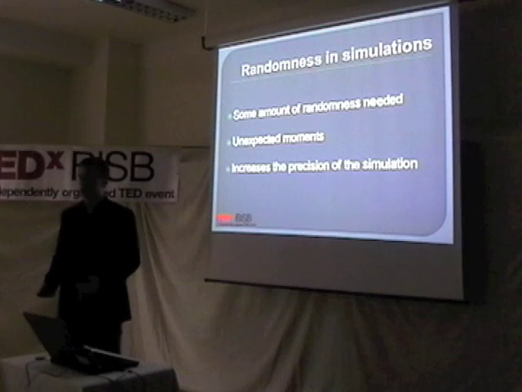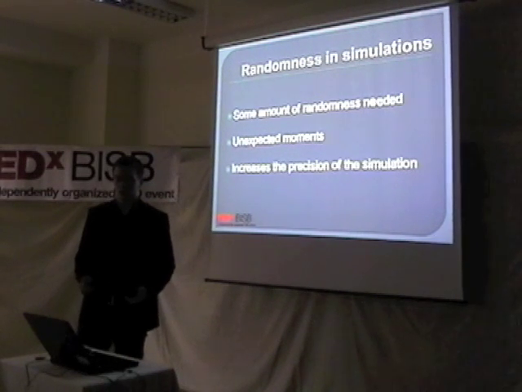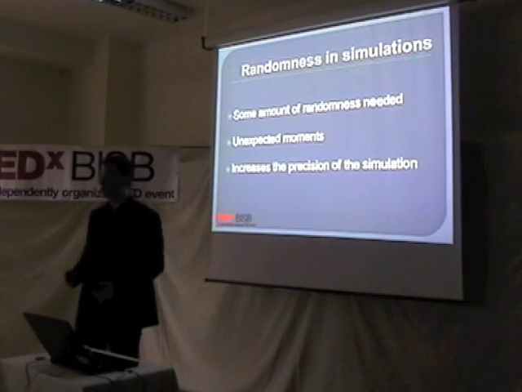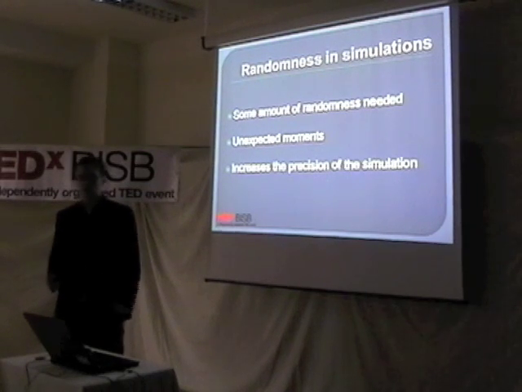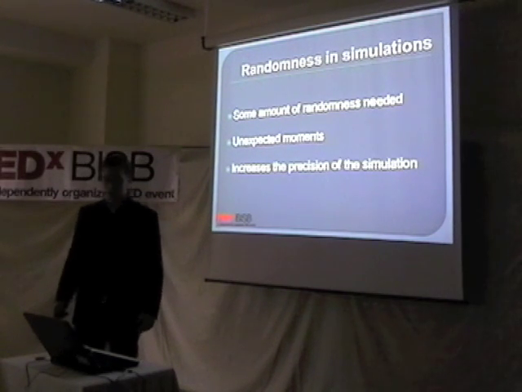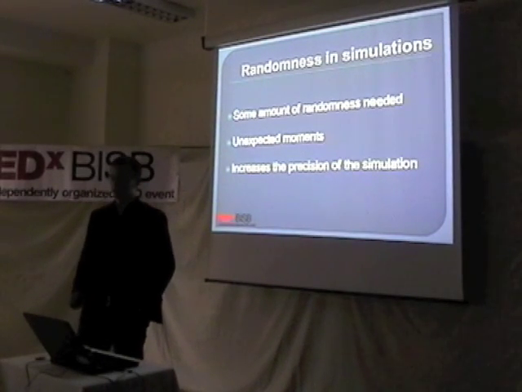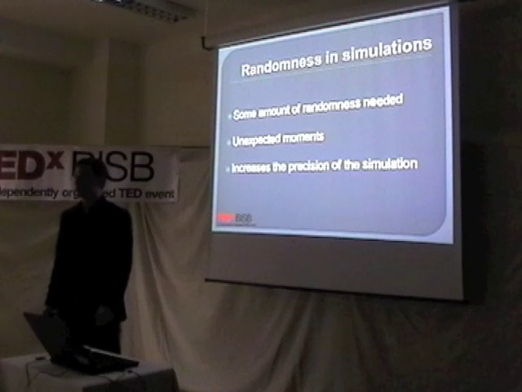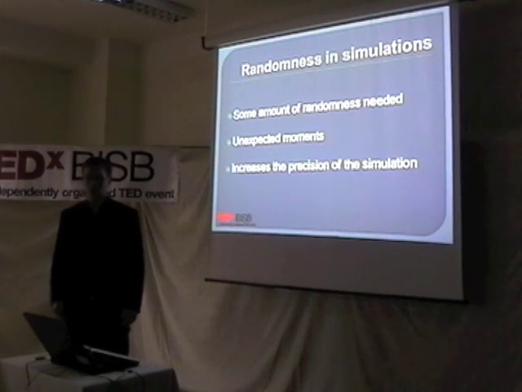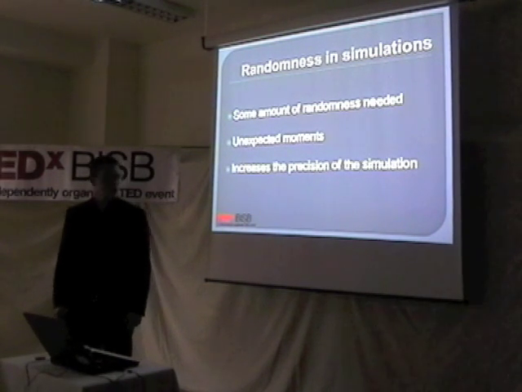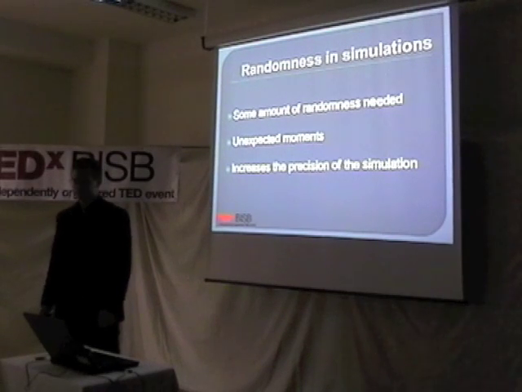For example, in my case, it was the surface of the field or unexpected reactions of the motors. However, by including this randomness, we can increase the efficiency and precision of the simulation.